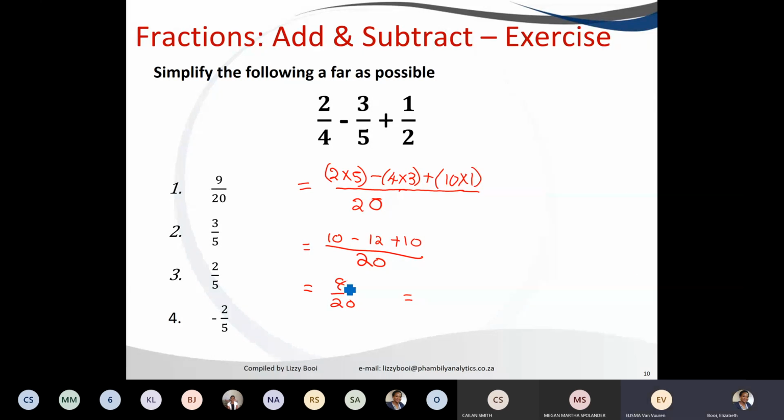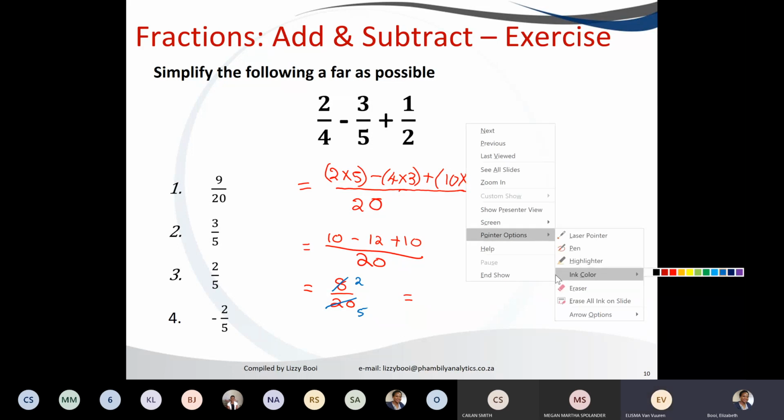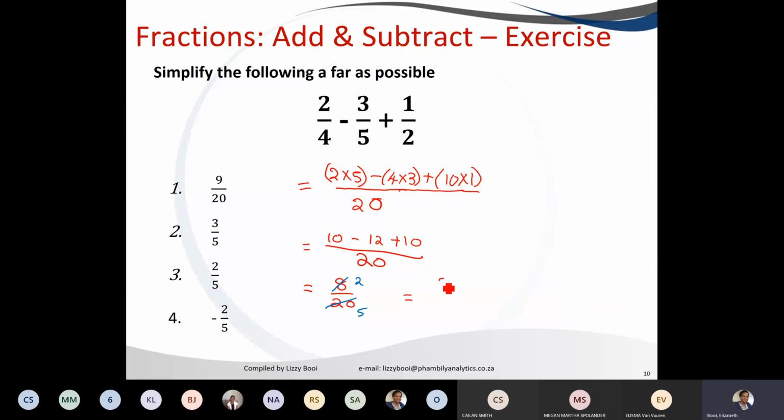So 4 goes how many times into 8? 2 times. And it goes how many times into 20? 5. So then your answer will be 2/5, which is option number 3. And that's how you answer the questions.